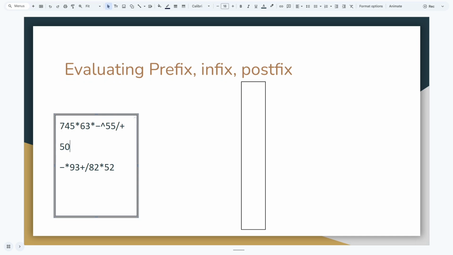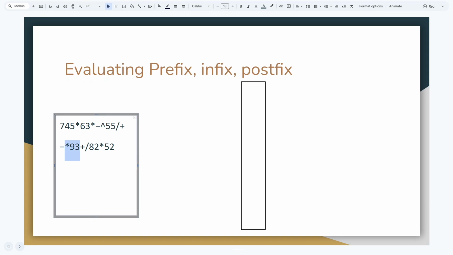Or if you are having trouble understanding this method, like I said earlier, you can just convert it directly to infix, which makes it far easier to solve. Now let's do the prefix problem. First of all, we again find the operator, operand, operand notation, which is the first one here.